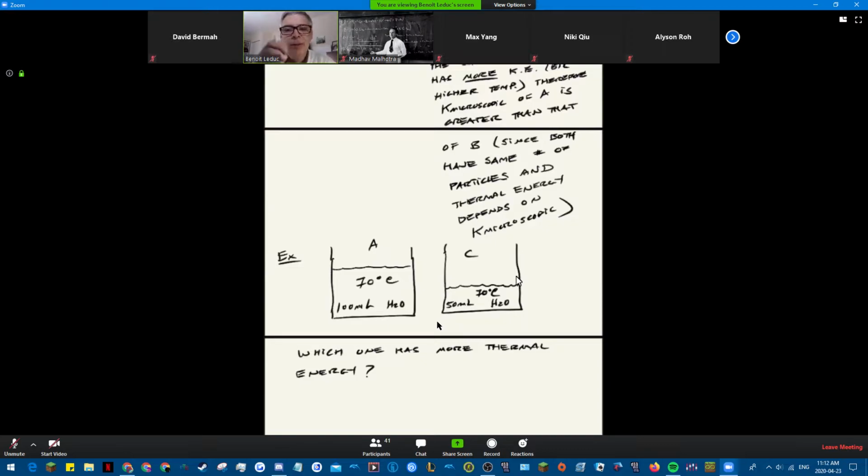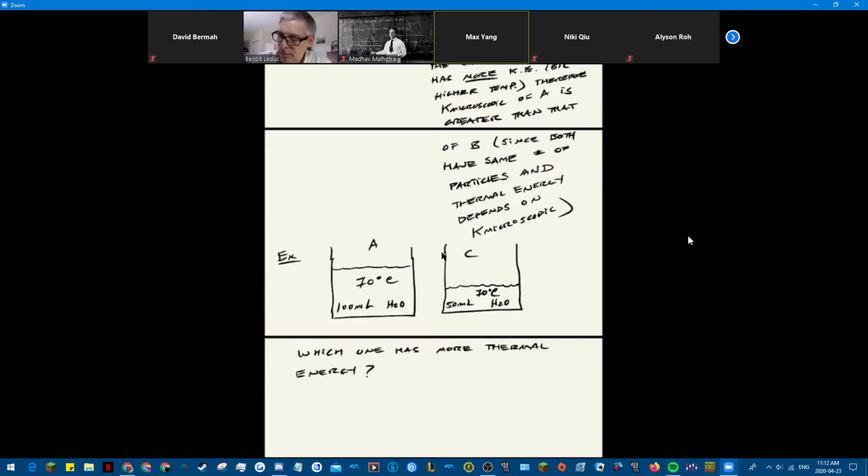It tells us that on average, they have the same kinetic energy, right, Max? It's because thermal energy is inversely proportional to the number of particles. Yeah. Okay. That's good. So which one has more thermal energy? Of course, it's A.